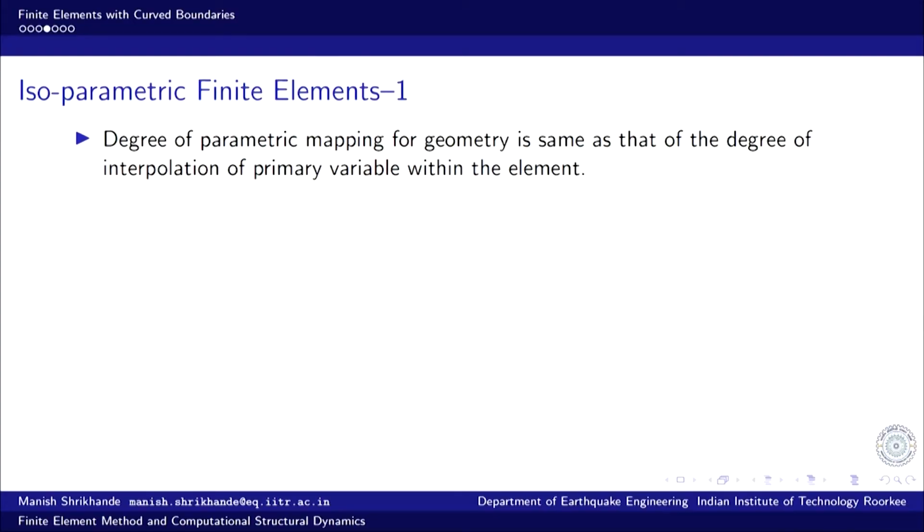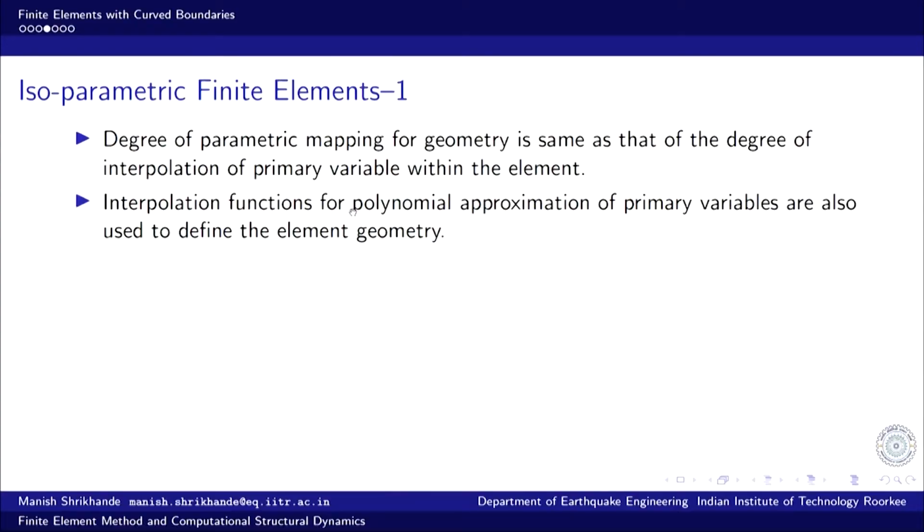So, for isoparametric element formulation, it is more because of the ease that the degree of parametric mapping for geometry is same as that of the degree of interpolation of primary variables within the element, and the direct fallout of this is we can use the same interpolation functions that were used for the approximation of the primary variable for the mapping of geometry.